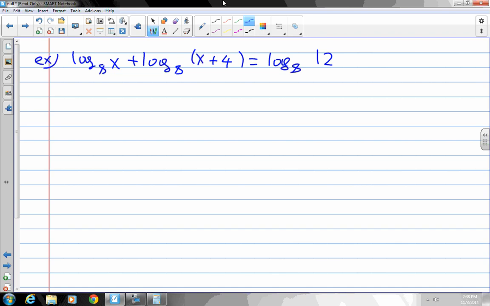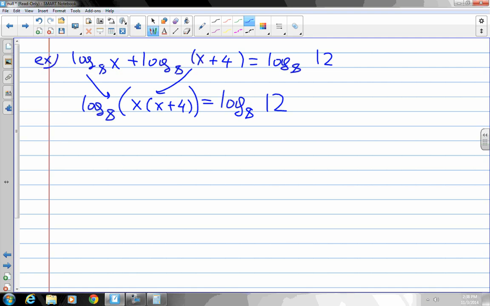I can do certain transformations so both sides of the equation contain exactly one logarithm. I can move these two into the same log. So it's log base 8 of x times x plus 4 equals log base 8 of 12 using the product rule.